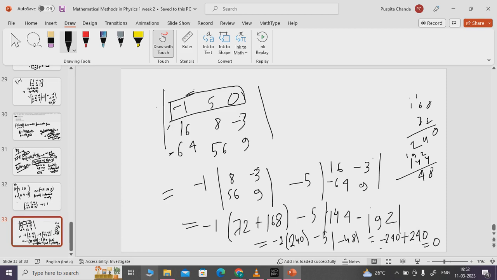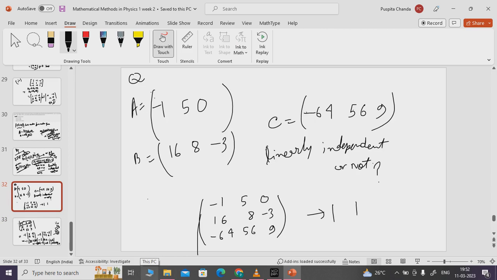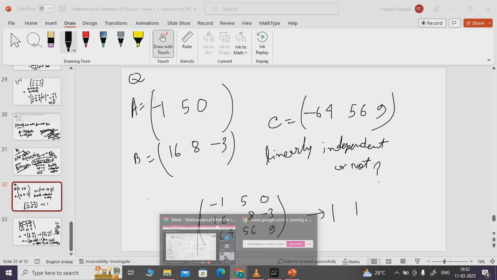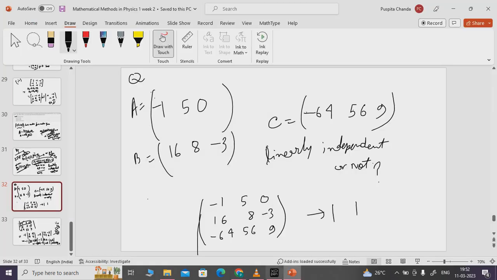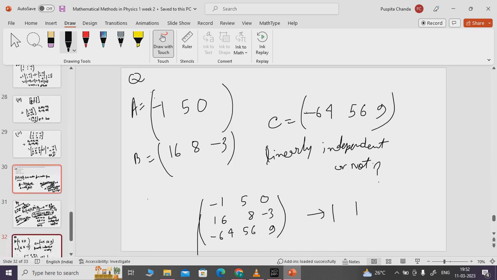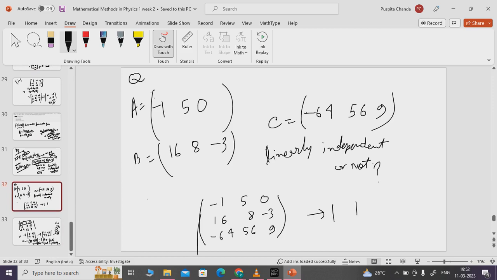They are dependent vectors. What is the answer? Yes, ma'am. Linearly dependent. Yes, they are linearly dependent vectors. Form a matrix of 3 by 3 and see if the determinant is 0 or not. There is also the row reduction form. They are dependent means one of the rows is some kind of multiple or linear combination of the other rows.